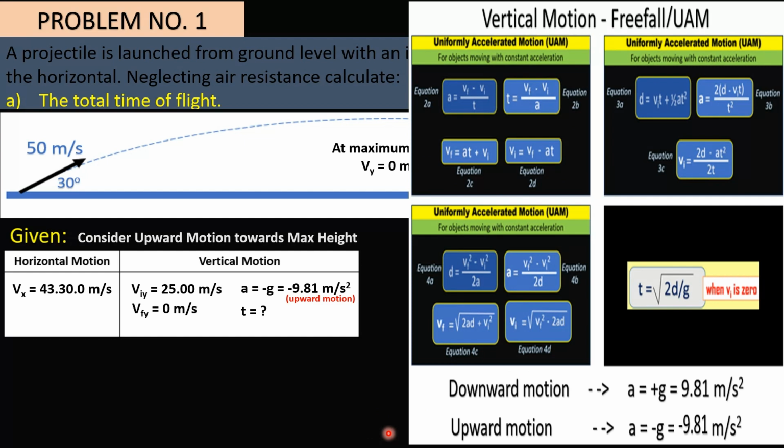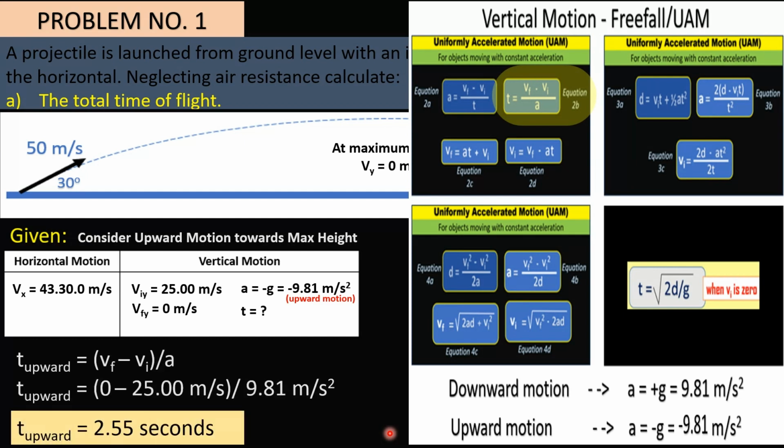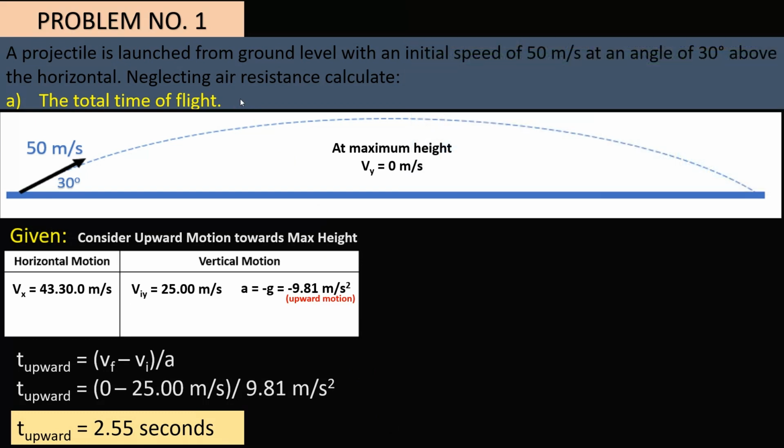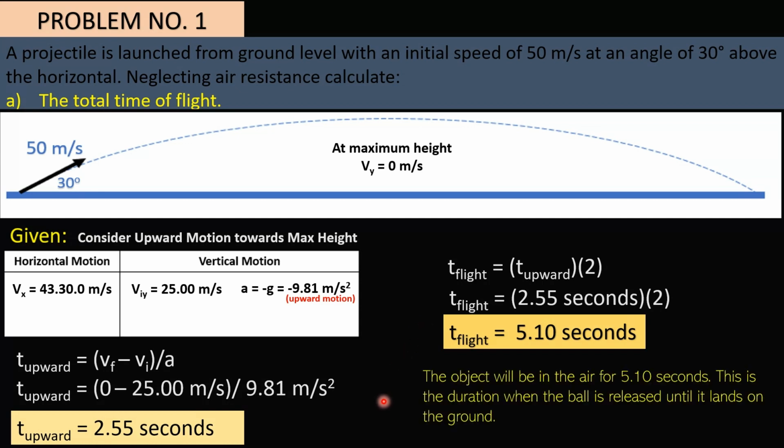We will choose from the equations, since we are referring to the upward motion. The time for the object to reach its peak is 2.55 seconds, meaning that for the object to curve downward is also 2.55 seconds. So we will just multiply 2.55 seconds by 2 to get the time of the entire motion.